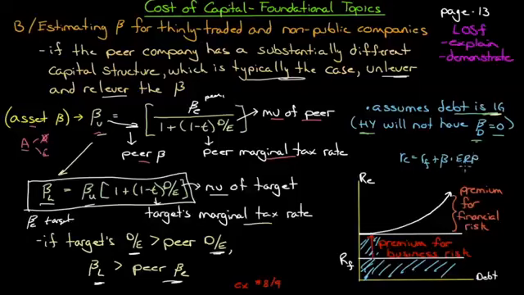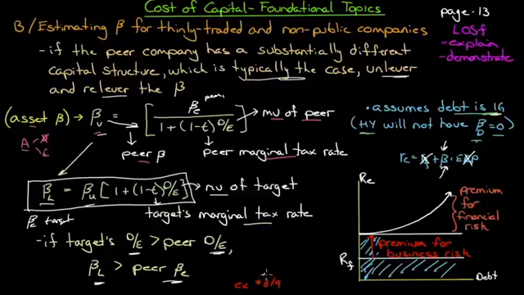The equity risk premium is not going to change as a company adds more debt. Same with the risk-free rate. The average risk-free rate over a period of time is not going to change depending on the level of debt that we use. The only thing that can change is beta. So as the amount of debt in the target's capital structure increases, its expected or its required return on equity has to increase. The only thing that can change here is beta. Its beta would have to increase.